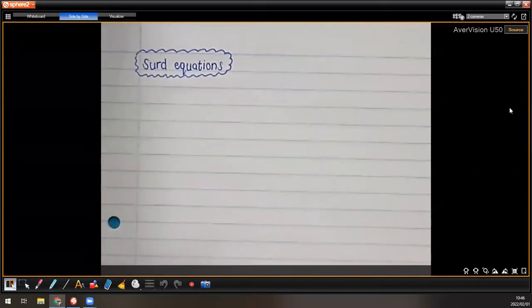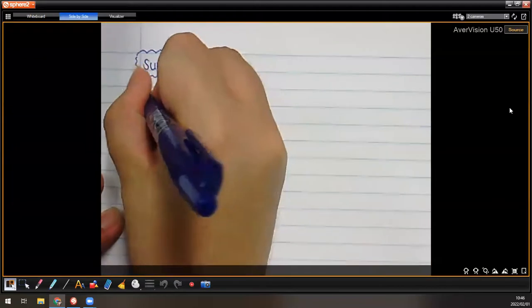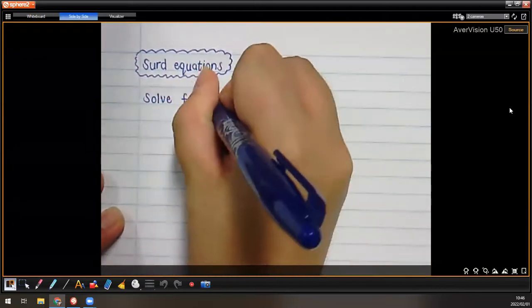Okay, now guys, I don't know if you know what a surd is. It's like a root, right? So like a square root or cube root, whatever. Those are called surds. So when I say surd equations, I'm going to write solve for x. Examples.